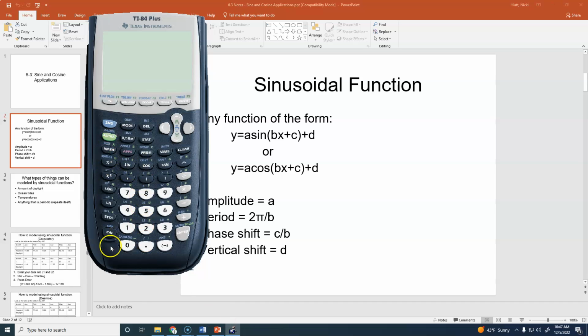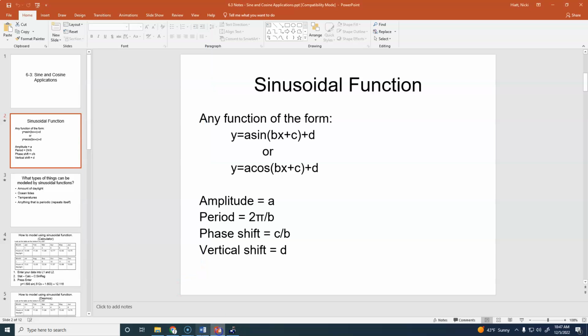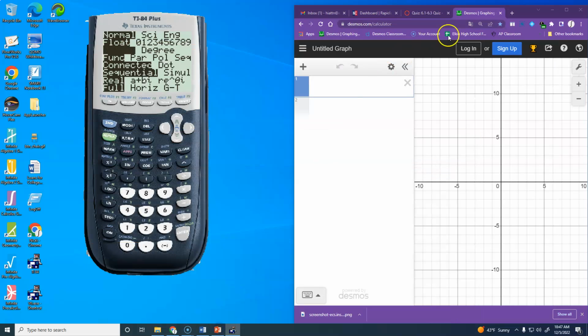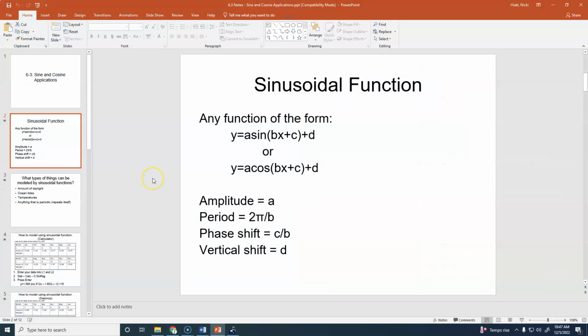So everybody right now, put your calculator in radian mode for me. And go ahead. Desmos should probably already be in radian mode because it's the default. But if you hit the wrench right here, you can check it as well. You can do it in degree mode.